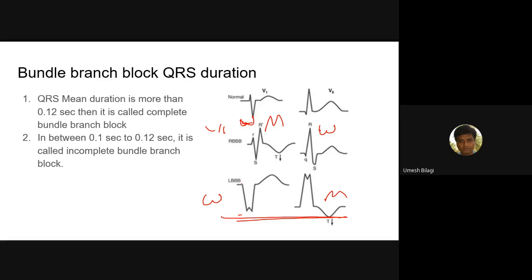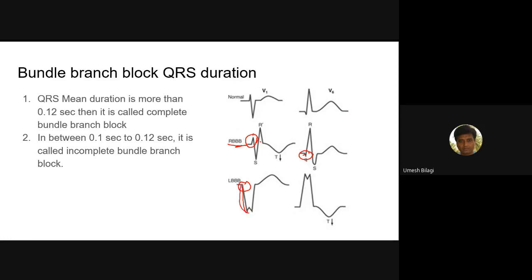You can see the septal R wave is present in RBBB. You can see that the septal Q wave is present in RBBB. You're seeing this? See, these are septal Q waves. Septal R waves and septal Q waves are present in RBBB, whereas in LBBB, the septal Q wave is absent.